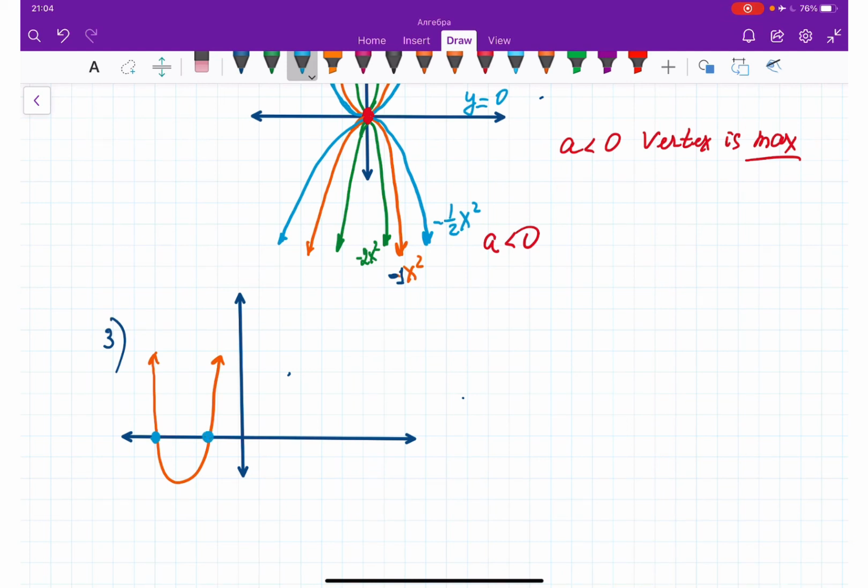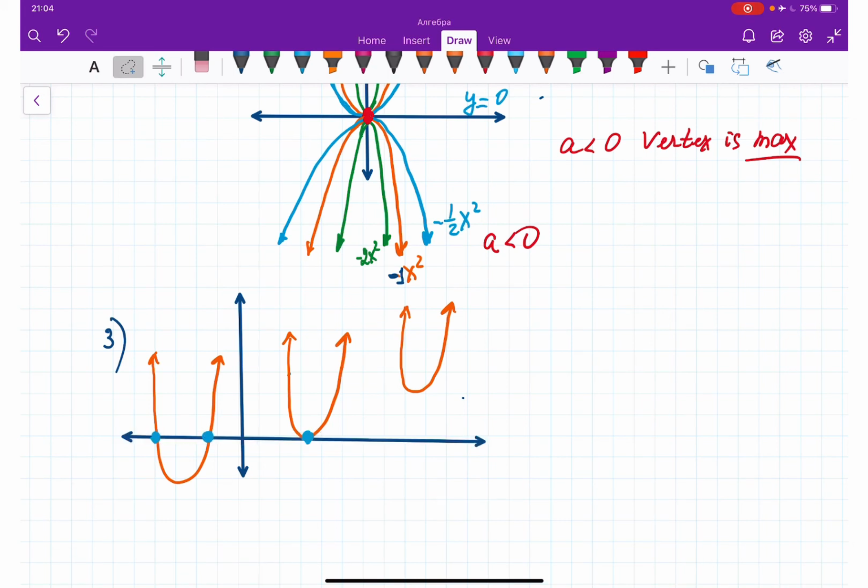I can have a graph of a function that has only one intercept with x. And I can have a parabola that will not have any intercept with x.